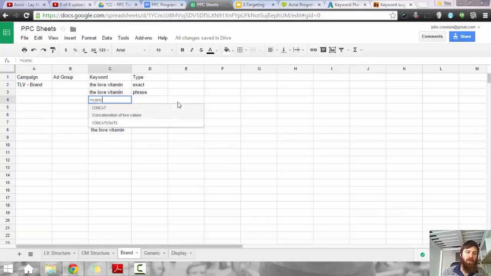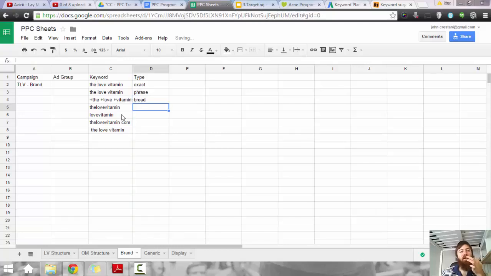So what I do is I actually just do concatenate, then we do substitute, and then I say every space should be a space plus, and I have to close out. This is my modified broad, and it's a modified broad because it has pluses in front of every term.